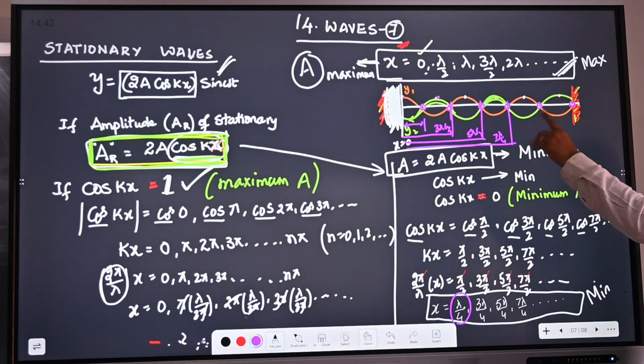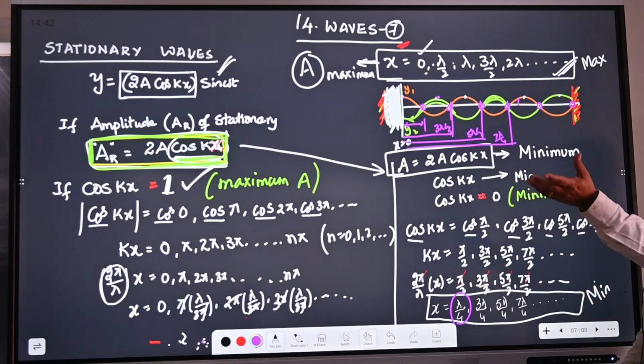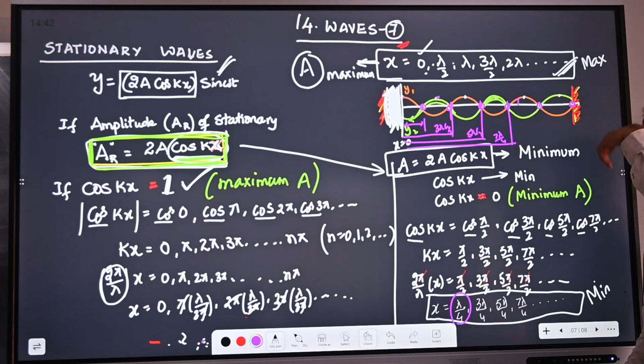So here in a stationary wave, we are getting two types of points according to amplitude. In between, this is neither maximum nor minimum, correct? This is maximum amplitude, this is minimum amplitude, and this is in between the maximum and the minimum amplitude. But we are talking about the maximum amplitude points and the minimum amplitude points.